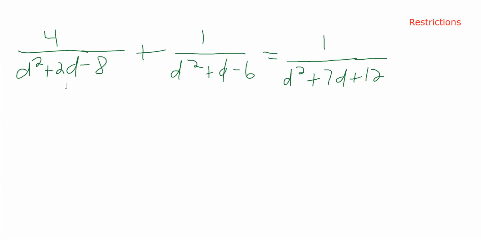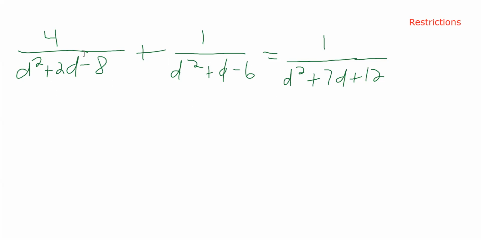The beautiful part of that then is that if we factor each of these denominators, it's going to be a lot easier to set each of them equal to 0 to decide what should and should not be a restriction. So let's see if we can factor some of these. The nice thing is each of them just has a 1 in front of the squared term, so factoring is going to be pretty straightforward.